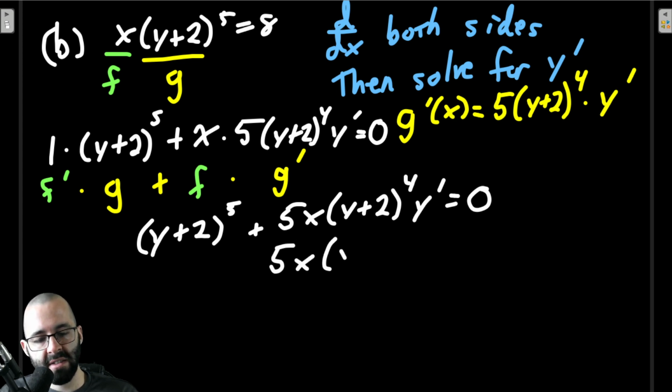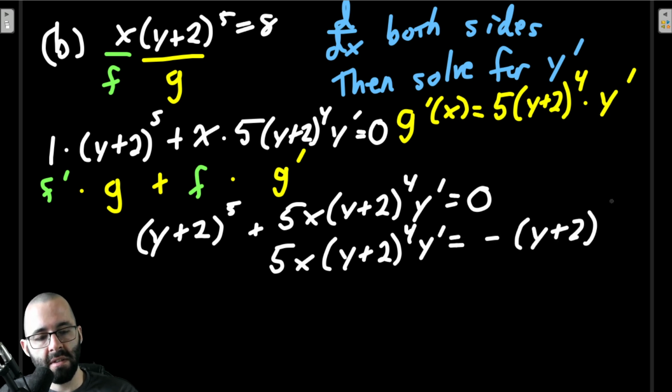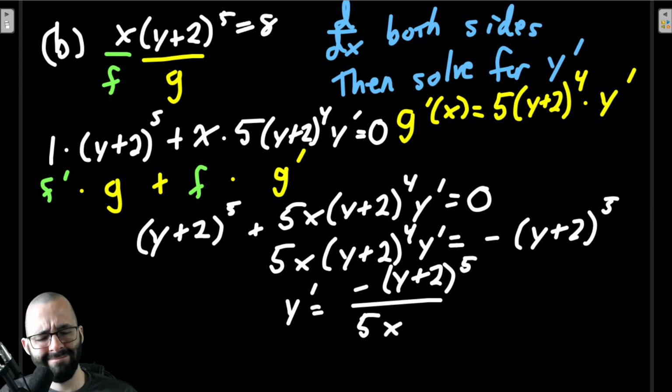So we get 5x times (y plus 2) to the 4th, y prime, equals negative (y plus 2) to the 5th. Divide both sides by (y plus 2) to the 4th with a 5x as well. We get y prime equals the right-hand side, divided by what we divided by.